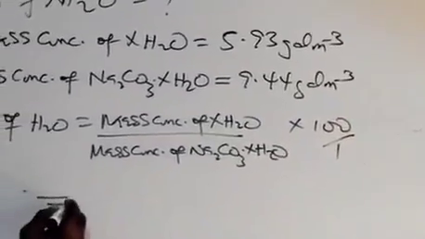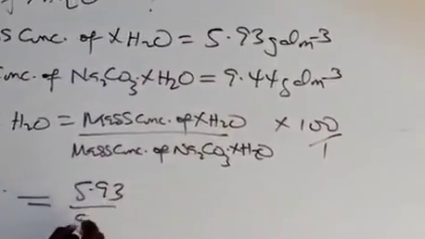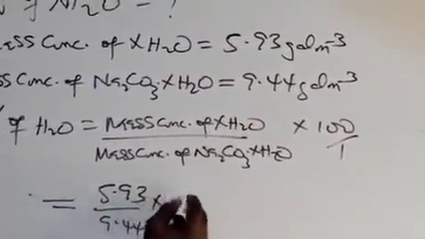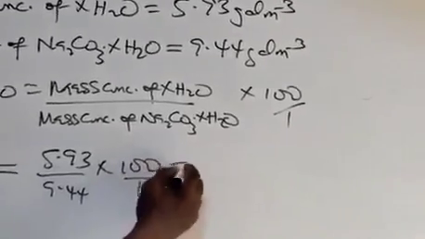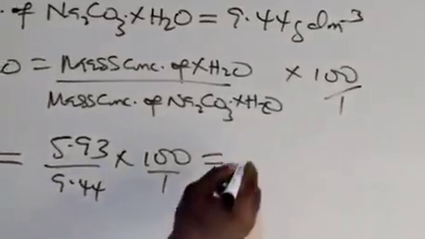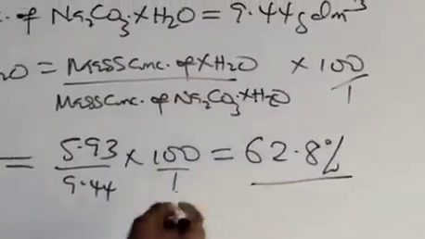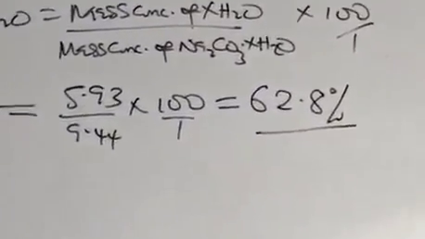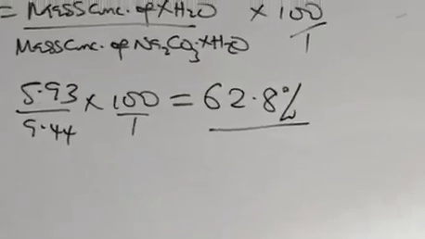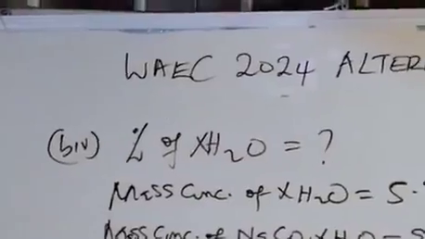So that's going to be 5.93 by substitution all over 9.44 multiplied by 100. Let's press our calculator and have the correct answer. We now have 62.8% to 3SF. So that is the water inside the compound. Go through the work as we go to the next question.